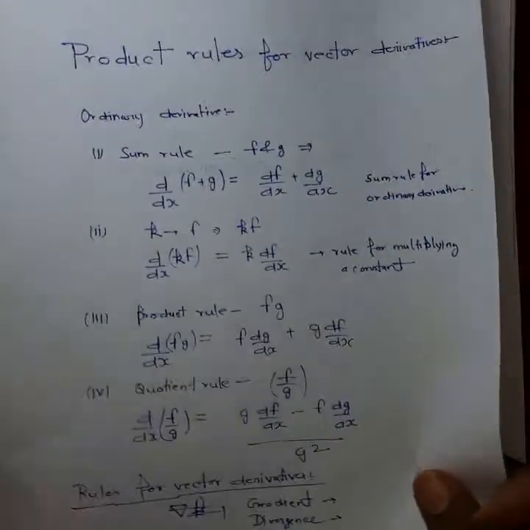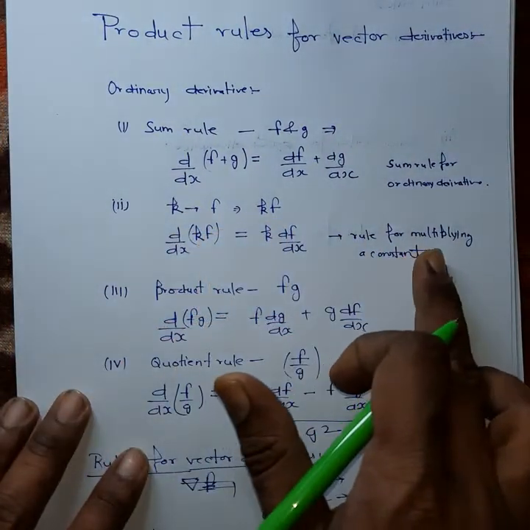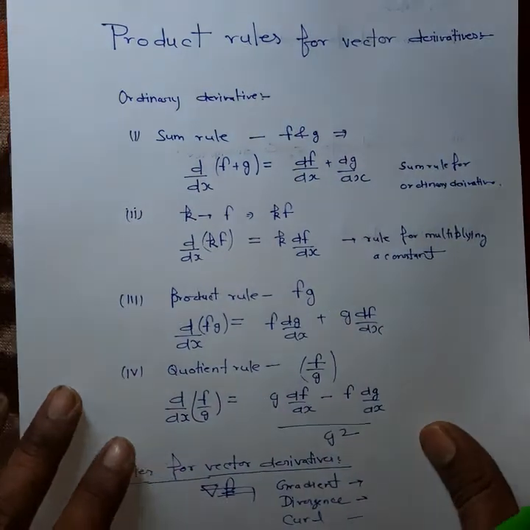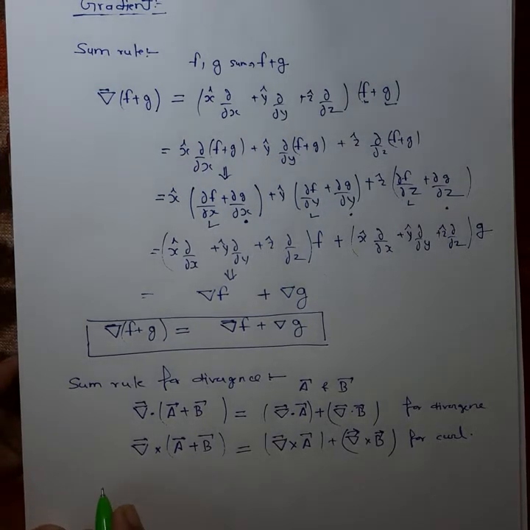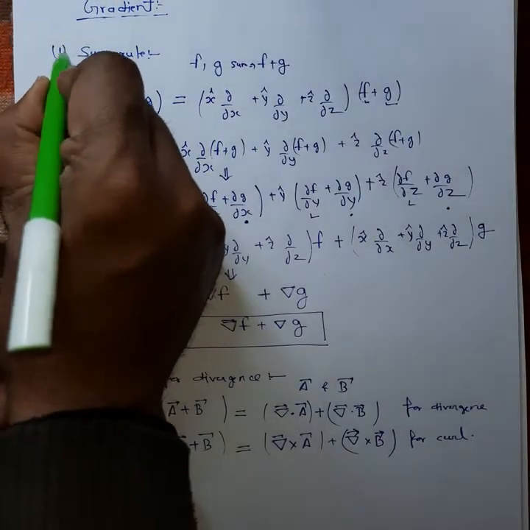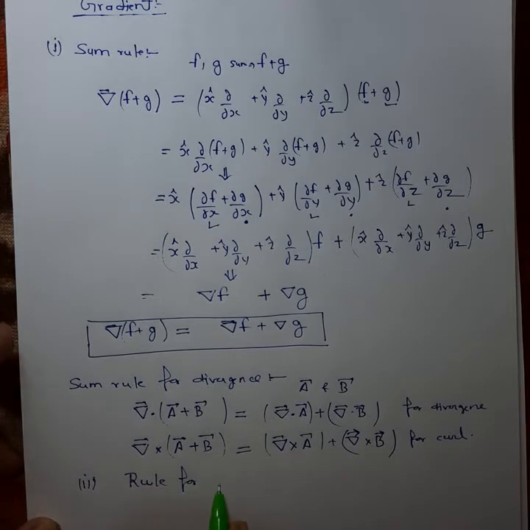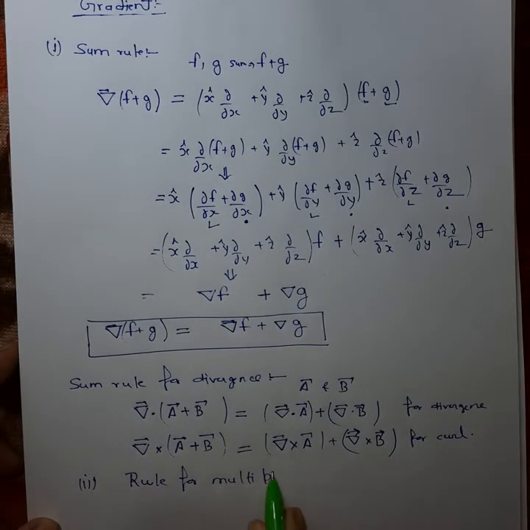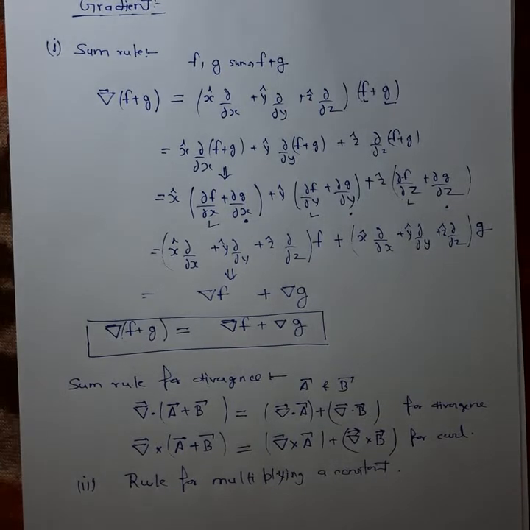So see here, the second rule that ordinary derivatives follow is the rule for multiplying a constant. Similar rule also exists for vector derivatives. So the rules for vector derivatives, I am talking one by one. First the sum rule, second is the rule for multiplying a constant.